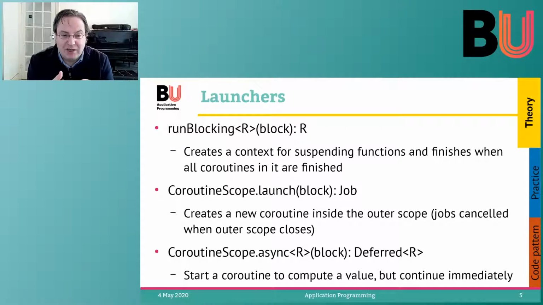It creates its own coroutine scope, but it just runs the code and only finishes once all the coroutines that were invoked inside the block have finished, and then it returns the result of that code block. runBlocking is something you use if you want a main function that supports coroutines.